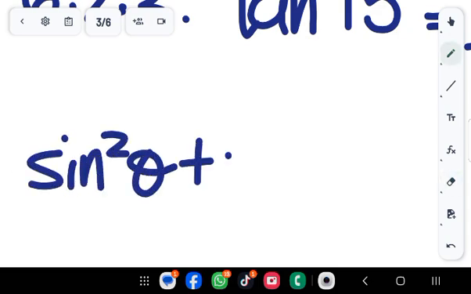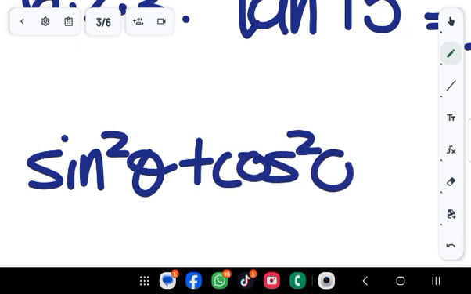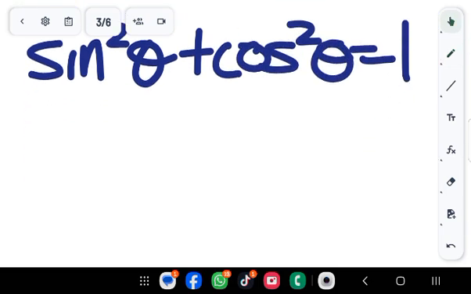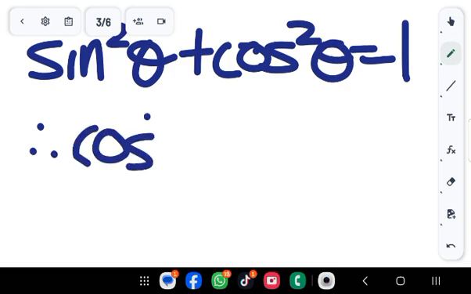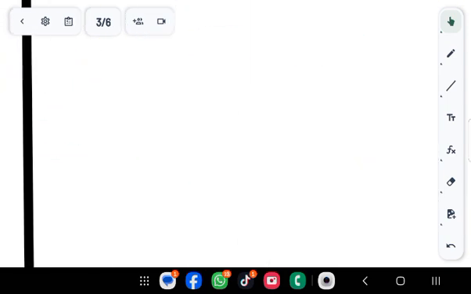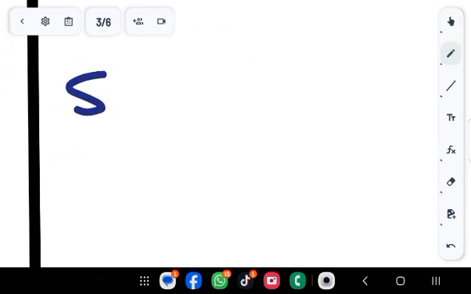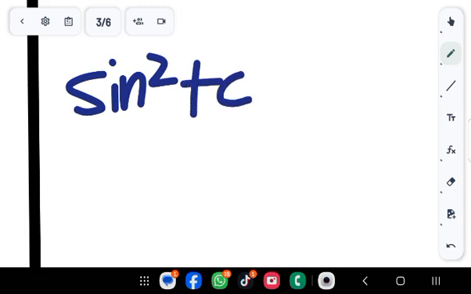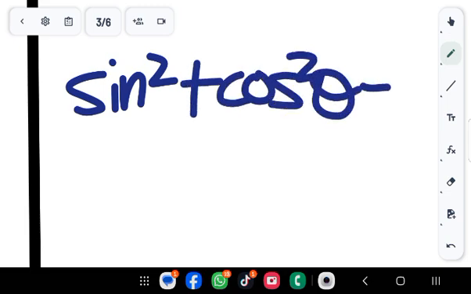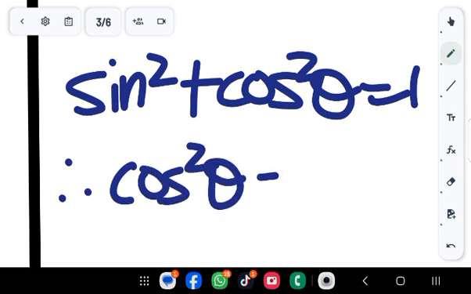sine squared theta plus cos squared theta equals 1. That is the square identity, and as such you can express any of the trigonometric ratios in terms of the other using this square identity.